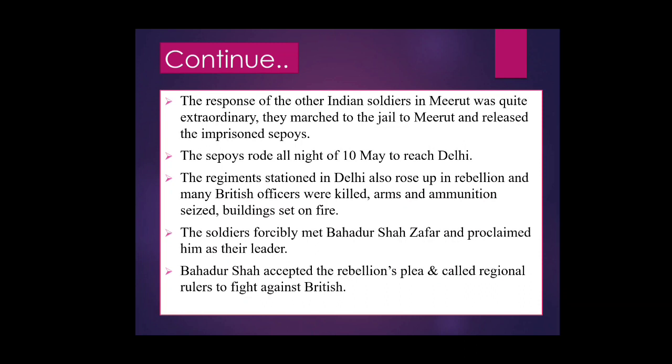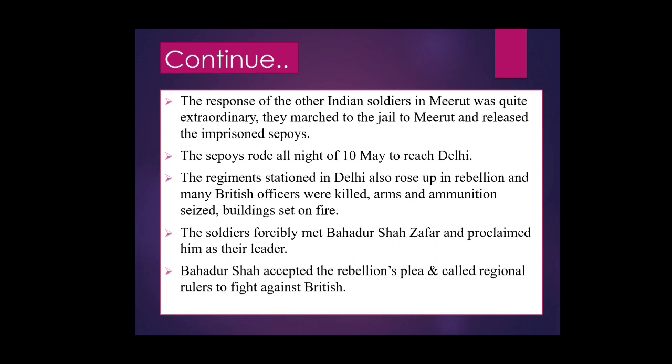The soldiers met Bahadur Shah Zafar and proclaimed him the leader. All the sepoys who reached Delhi requested Bahadur Shah Zafar to become the leader, the emperor, once they won this revolt.